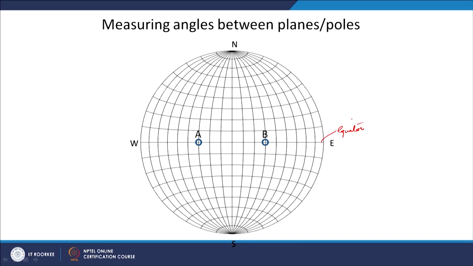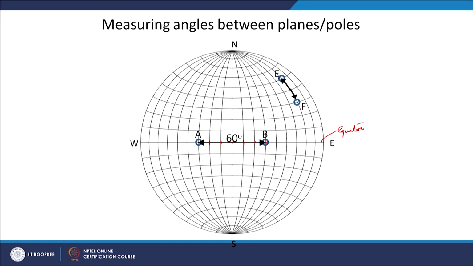So, I can directly measure the angle on the great circle, as we have already agreed. The graduation, we already know, is at 10-degree intervals. So, you have 10, 20, 30, 40, 50, 60. So, the angle between A and B is 60 degrees.